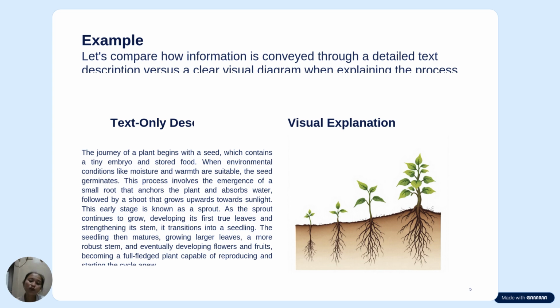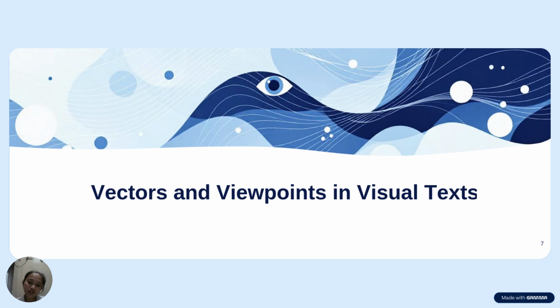Okay, so let's now move on to vectors and viewpoints in visual text. What are vectors and viewpoints in visual text? Actually, vectors and viewpoints are two techniques that will help guide our eyes and shape what we feel about an image.